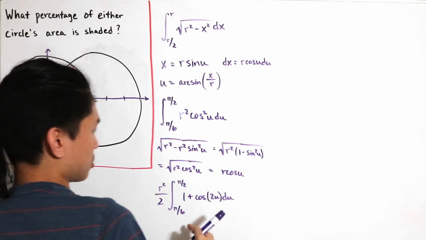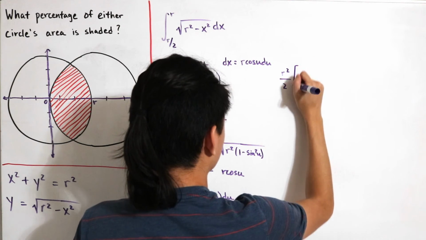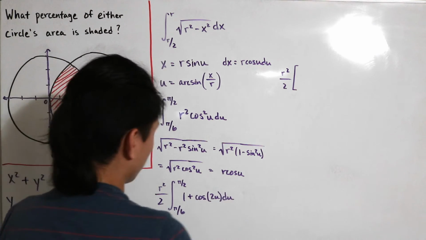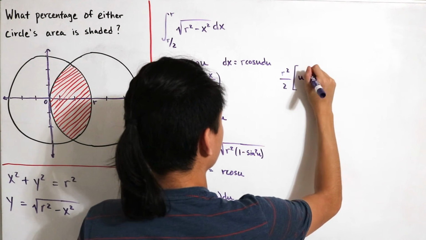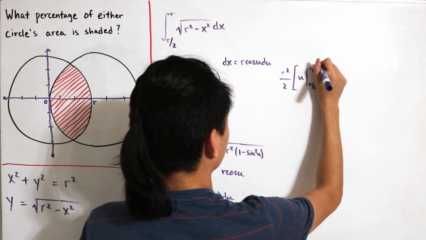Next, we can calculate this integral. That's very easy to calculate. I can split this up using linearity, just to make things easier. So we'll do the integral of 1, that's just u, evaluated from pi over 6 to pi over 2.